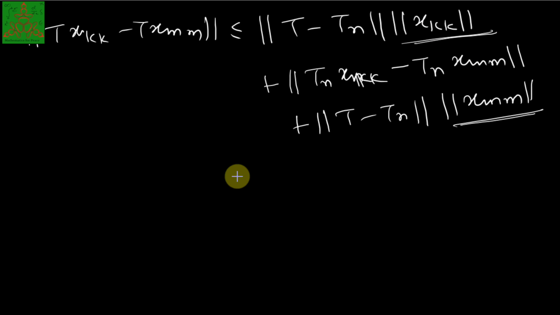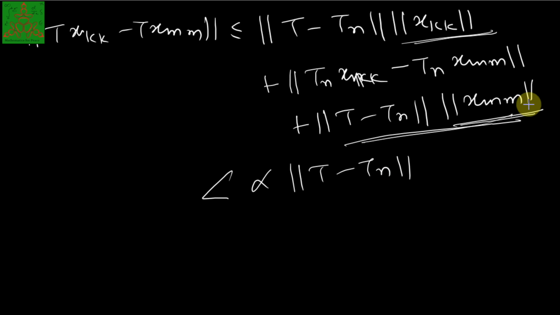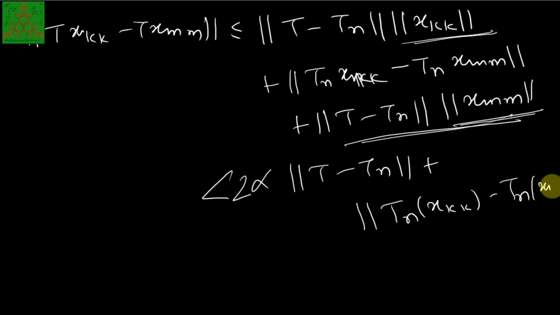So this is less than alpha times the norm of T minus Tn, and the same term comes here. So that is 2 times alpha times the norm of T minus Tn plus this quantity, the norm of Tn x_{kk} minus Tn x_{mm}.